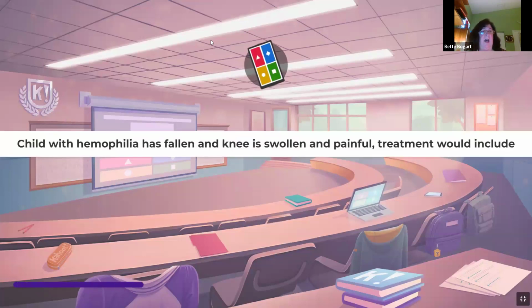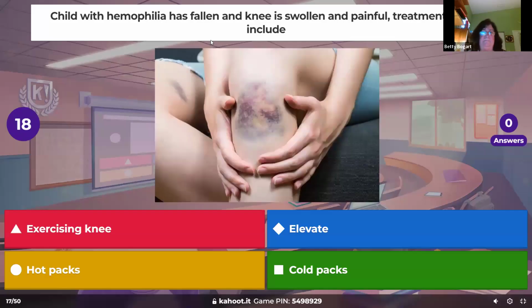Multi-select. A child with hemophilia has fallen, his knee is swollen and painful. Treatment would include what? So remember, hemophilia is a lack of a factor that makes a child bleed. And you need to replace that factor or they're going to continue to bleed.